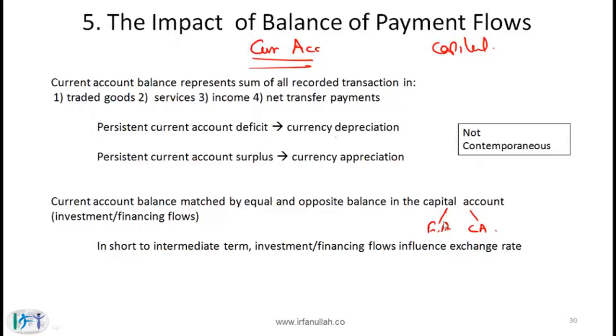But right now we are not going to worry about this subtle distinction. In the short to intermediate term, investment/financing flows influence exchange rates. So this is a high-level remark that we'll discuss in more detail on subsequent slides.